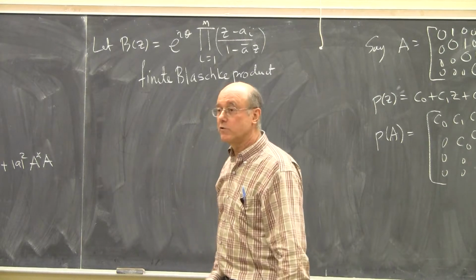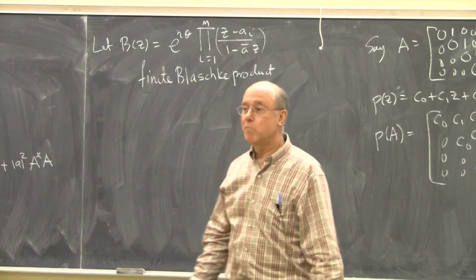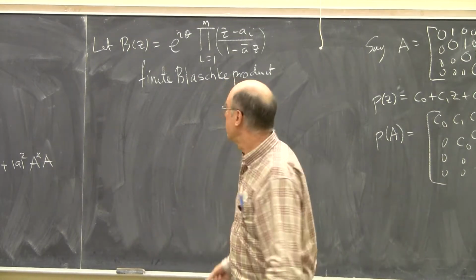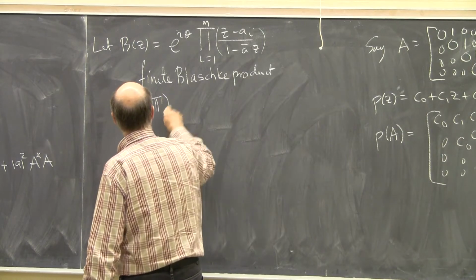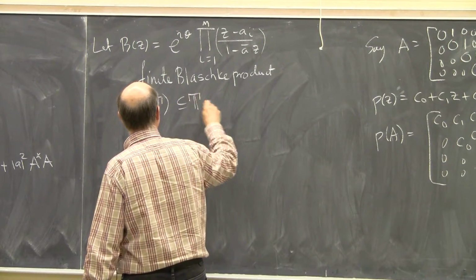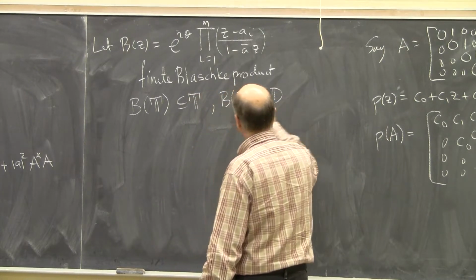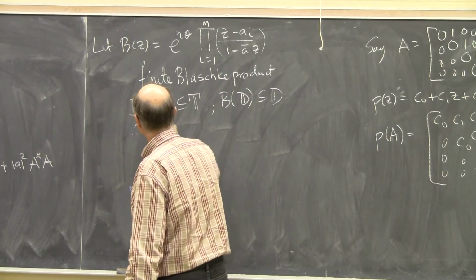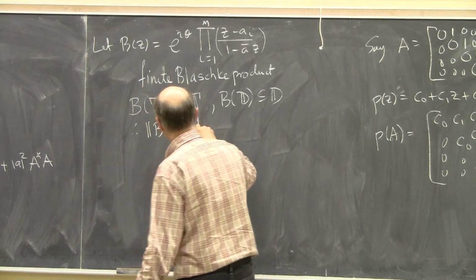It takes the circle to the circle, because when you multiply a bunch of numbers in the circle, it stays in the circle. So b of the circle is contained in the circle, and b of the disk is contained in the disk. So therefore, the infinity norm of b, the sup over the disk, is always 1.